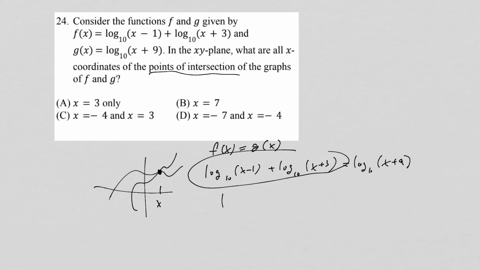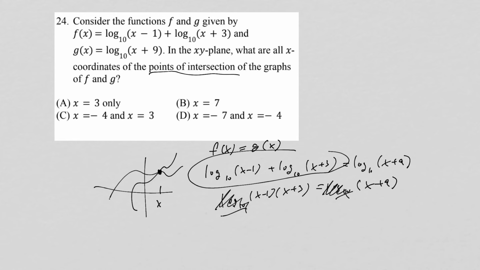Log plus log can be rewritten as the log of the product of the two things. Now, they're both log 10, so you can kind of cross out the log 10s, but be careful because those log 10s were there originally, and we just have to be careful about that. I'll show you what I mean.